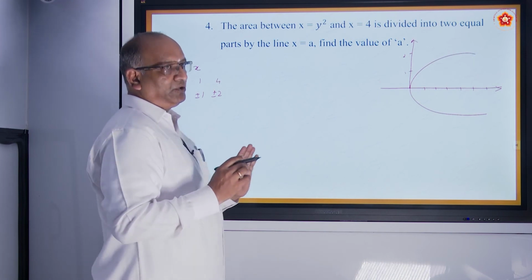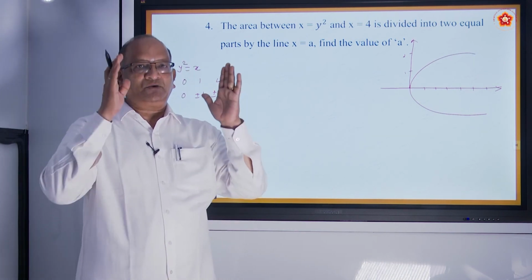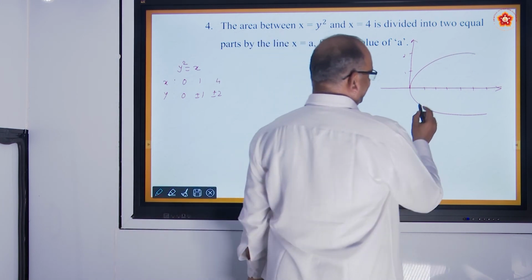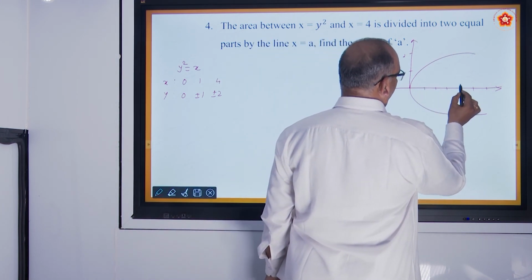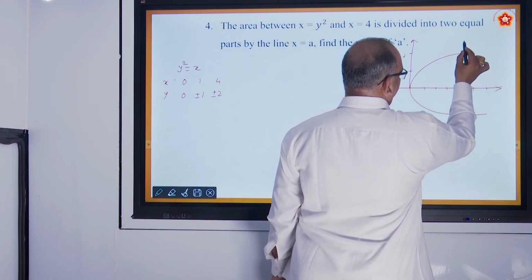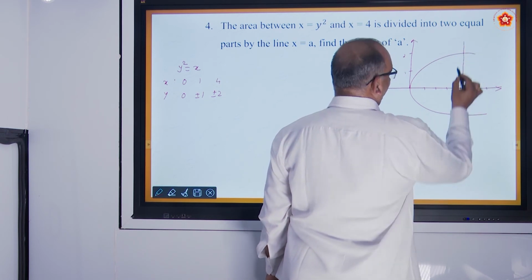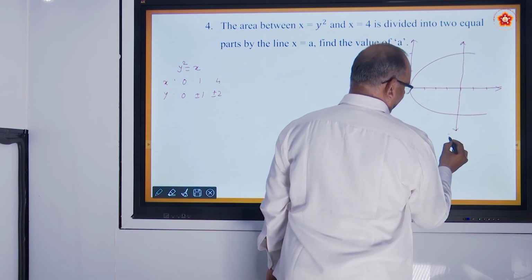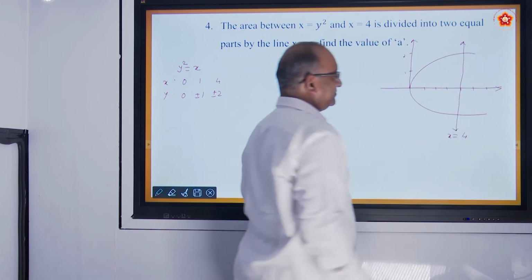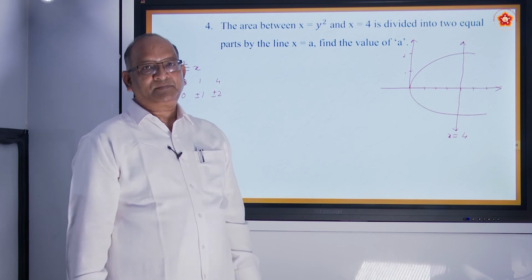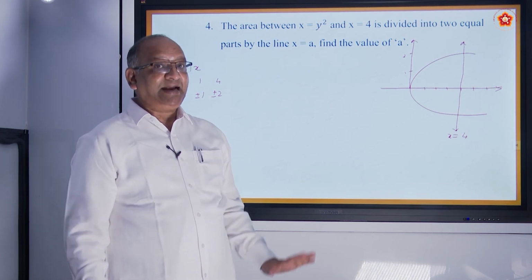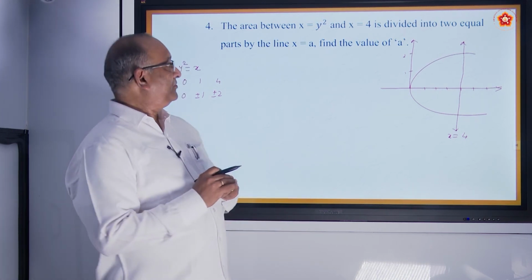X equal to 4 is a line which is parallel to the y axis at a distance of 1, 2, 3, 4. So here is a line which represents x equal to 4. And then he says this entire area, which area?